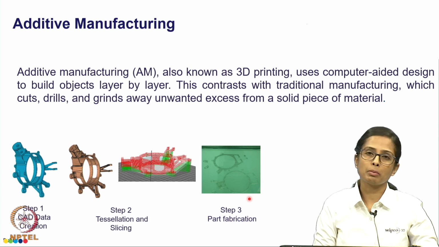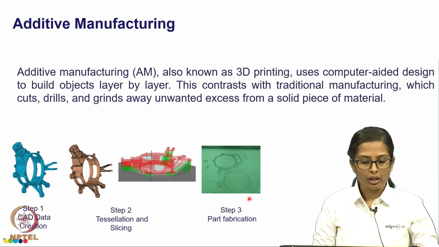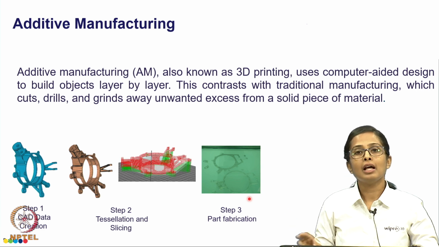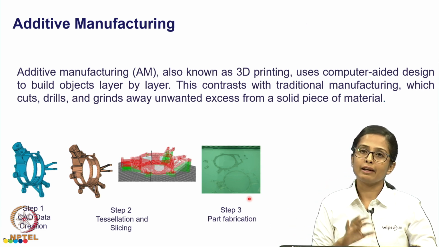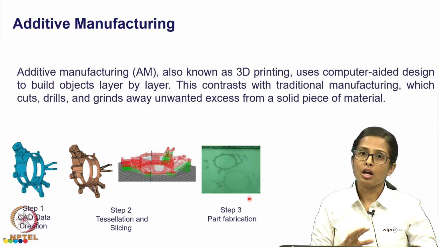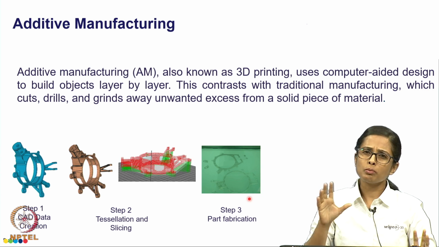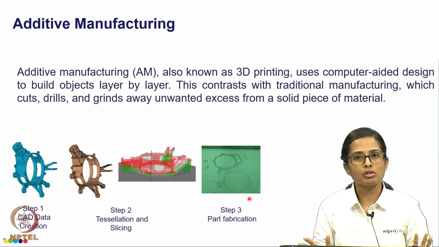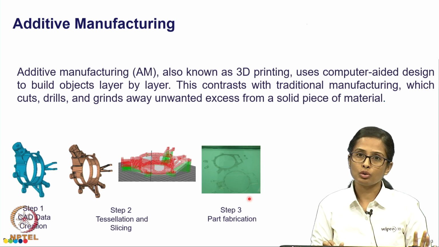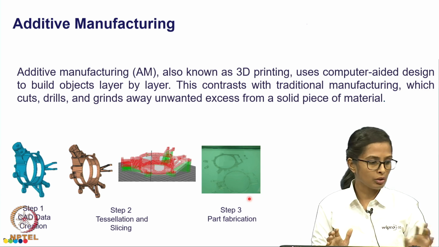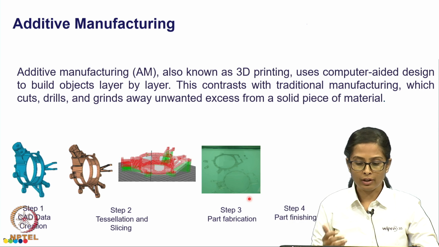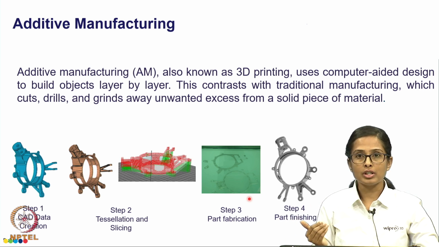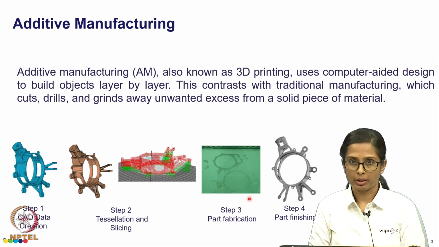You will learn more about it in week 2, but there are different processes that are available that qualify as an additive manufacturing process. So, this is one of them. So, based on the need of the part, you may choose any one process and you may start to print the part.